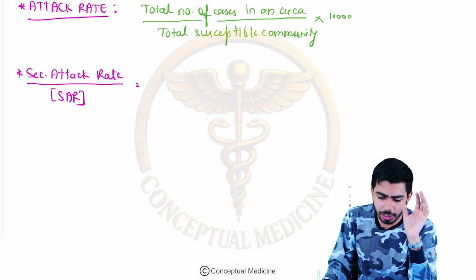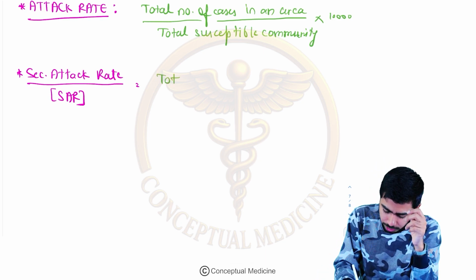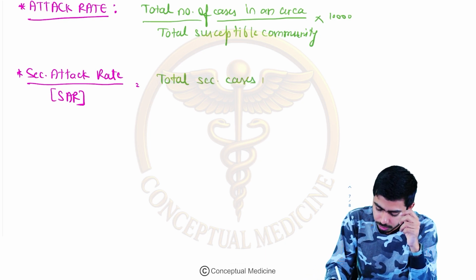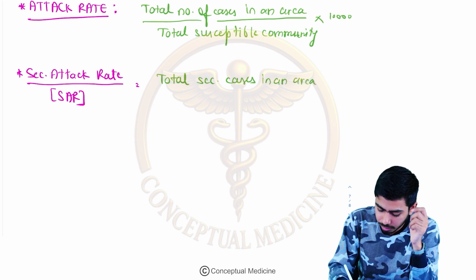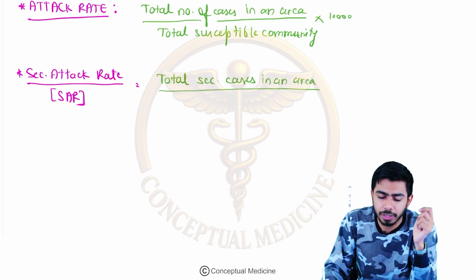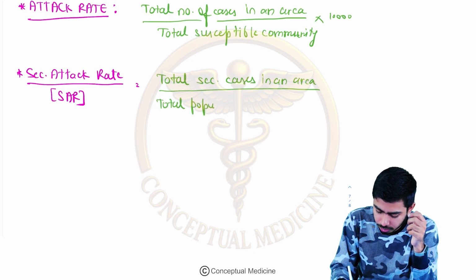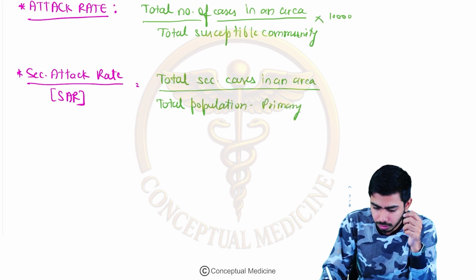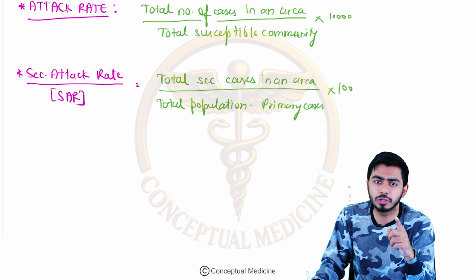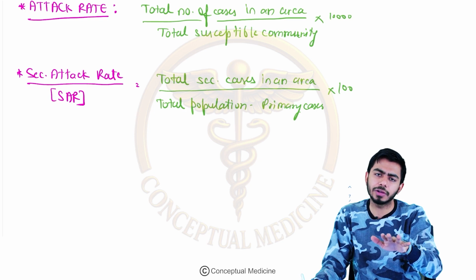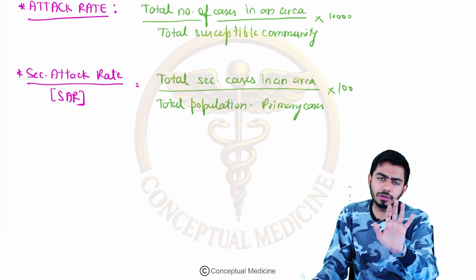In the numerator we write total secondary cases in an area, divided by the total susceptible population minus primary cases, multiplied by 100. Here the multiplicative factor is 100. It can't be 1000 or 10,000 or 1 lakh or 10 lakh. In the attack rate I told you the multiplicative factor can be changed, but here it is 100.